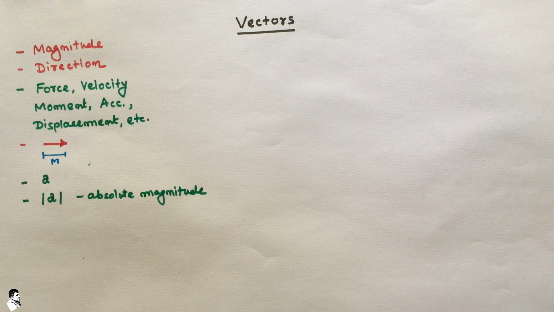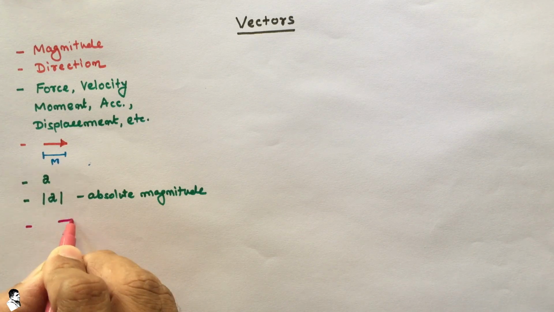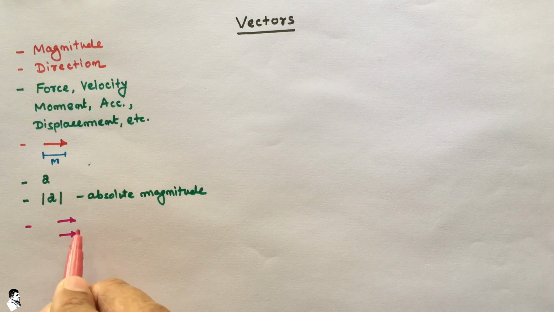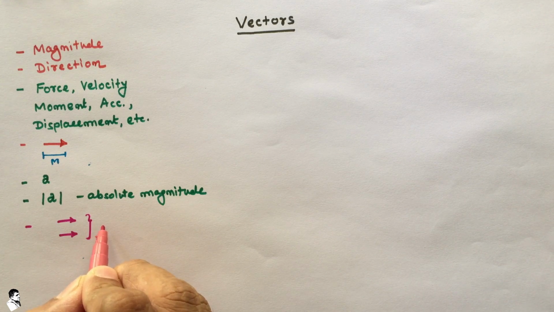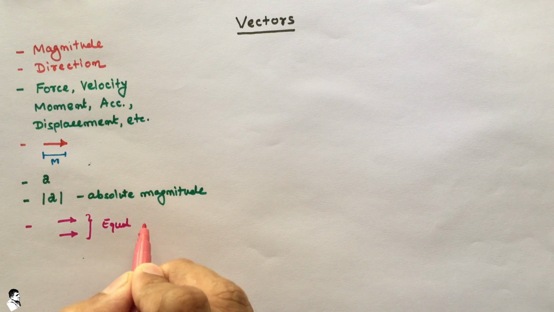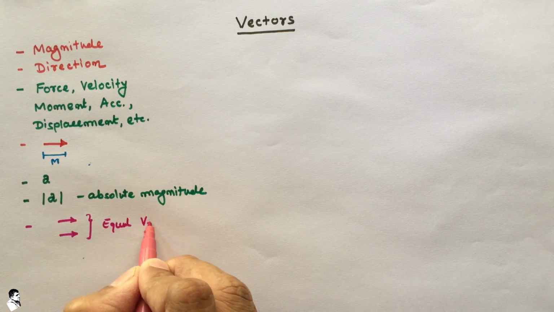It is possible that two vectors have the same direction as well as the same magnitude, but the points of application may be different. This type of vectors is generally known as equal vectors.